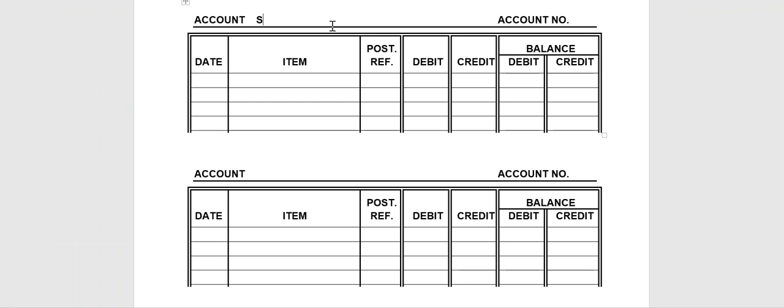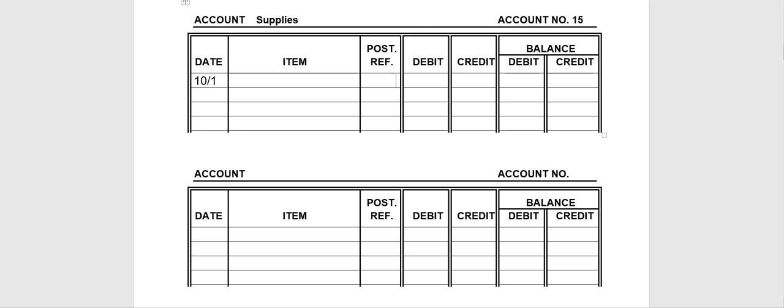So we go to our ledger. The account is supplies. It's account number 15. It has a beginning balance as of October 1st. And again, they tell us here to put a check mark for the post reference because it's an opening balance rather than referencing a certain page in our journal.